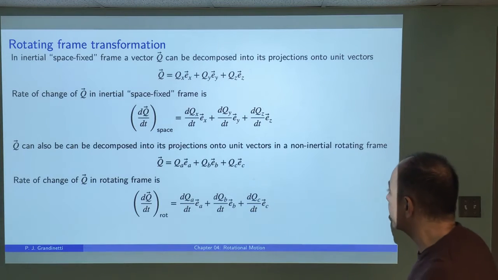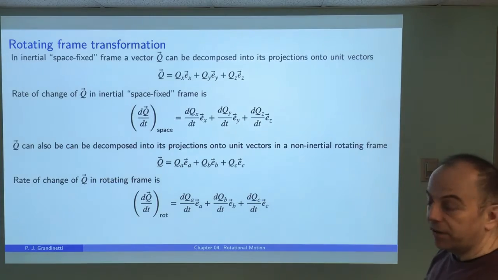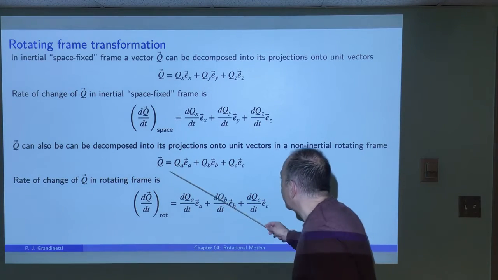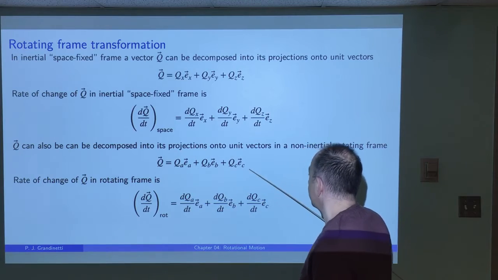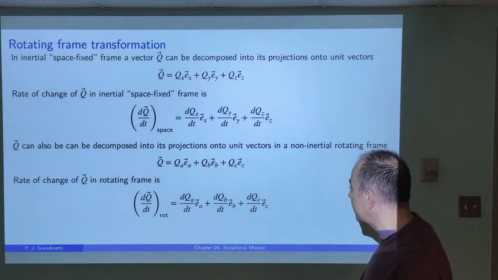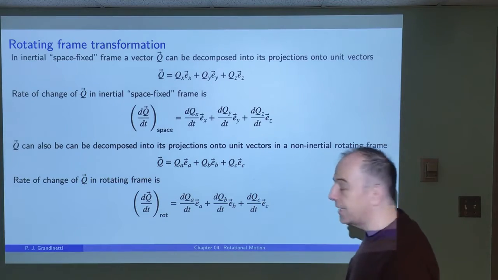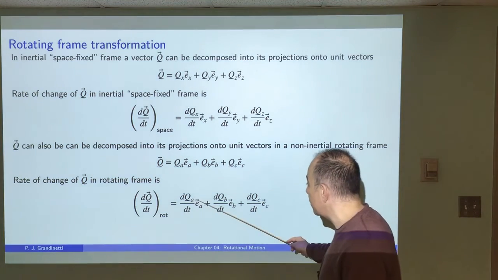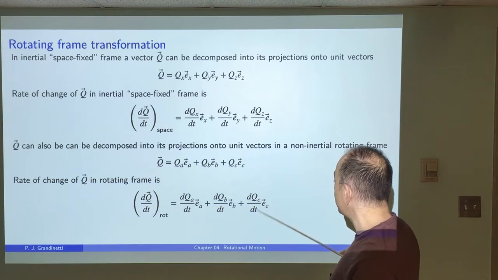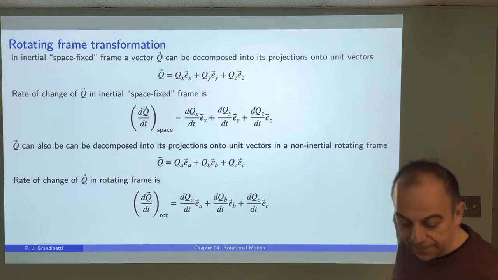If we were thinking about this problem in the body-fixed frame, the non-inertial rotating frame, then we would write the q vector in terms of e_a, e_b, and e_c with the components here. And then the rate of change in that frame would look like dq_a/dt times e_a, dq_b/dt times e_b, and dq_c/dt times e_c, right?